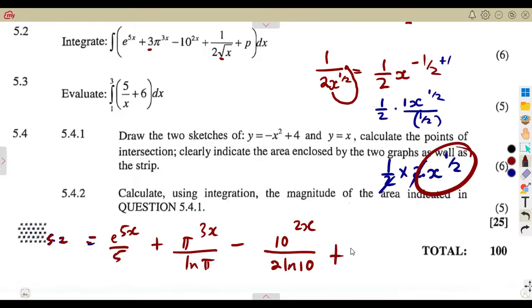So this is plus x to the exponent of a half, which is the same as the square root of x. Then integrate p with respect to x. That is going to give us px. Remember, p is a constant when it is like that, plus the constant of integration. You have integrated each and every term that you are given there. So that is what you're supposed to have for 6 marks.